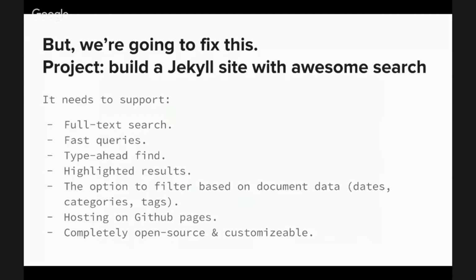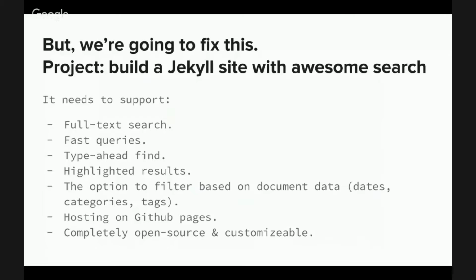I also wanted to be able to filter articles using things that I declared in my front matter, so that it would be very simple and easily integratable with Jekyll. I wanted people to be able to use it if they're hosting on GitHub Pages. A lot of the search options out there, you have to use AWS or Heroku or whatever to host your Jekyll site.